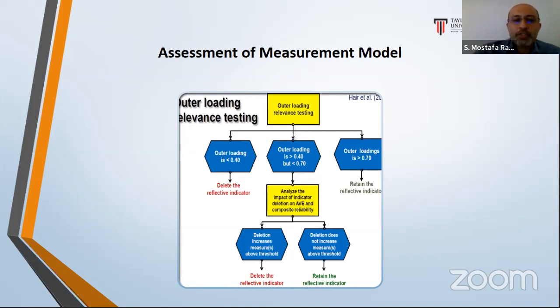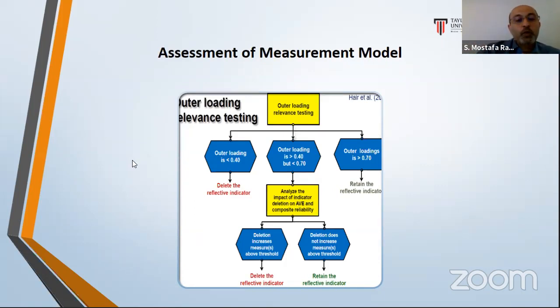If we're changing a scale, it depends on the nature of the scale. For example, if we develop a scale with higher-order construct levels, we have a few dimensions to measure, for example, perceived value.